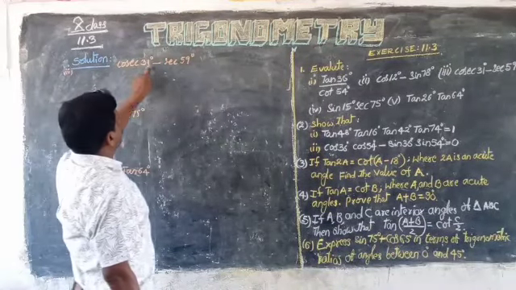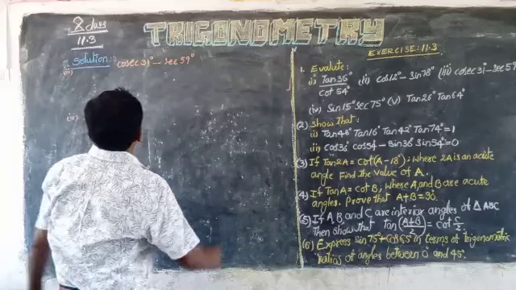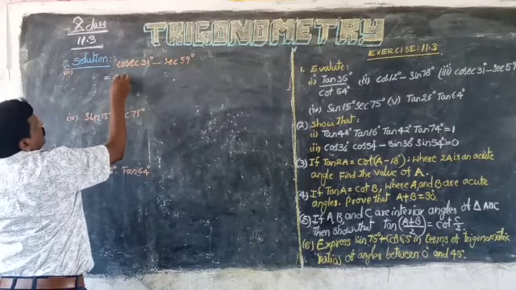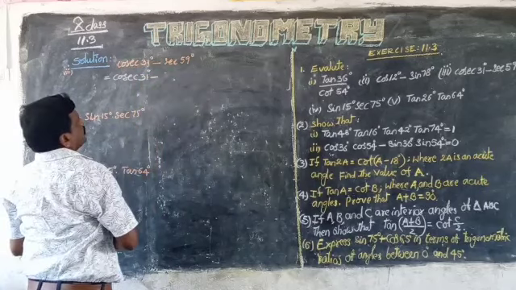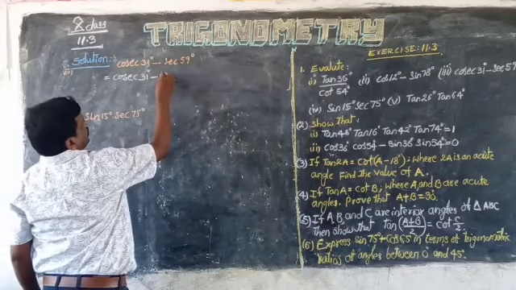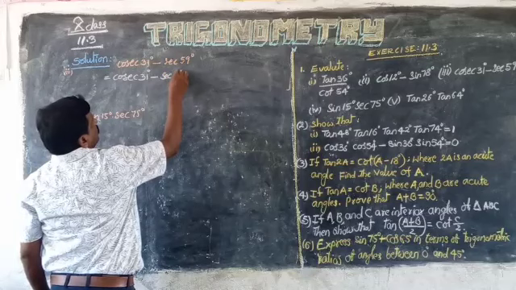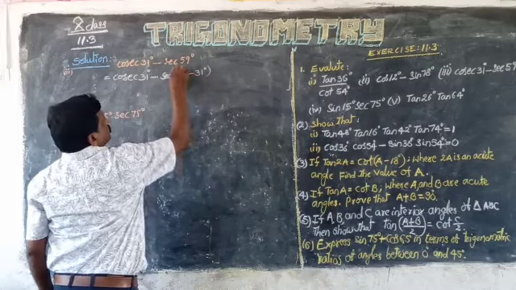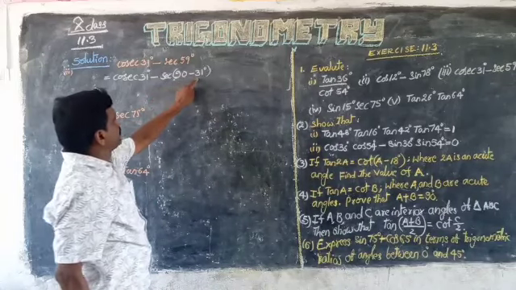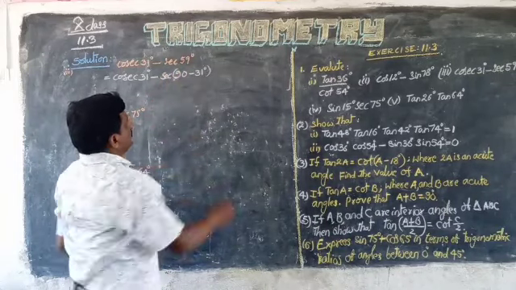Cosecant 31 degrees minus secant 59 degrees. Solution: cosecant 31 degrees minus secant 59 degrees. Secant 59 is secant 90 minus 31, since 90 minus 31 is equal to 59.